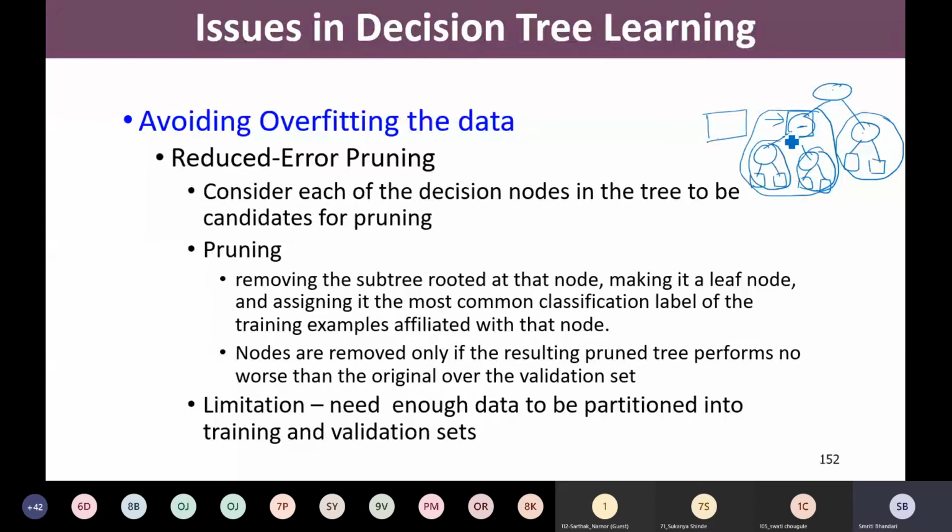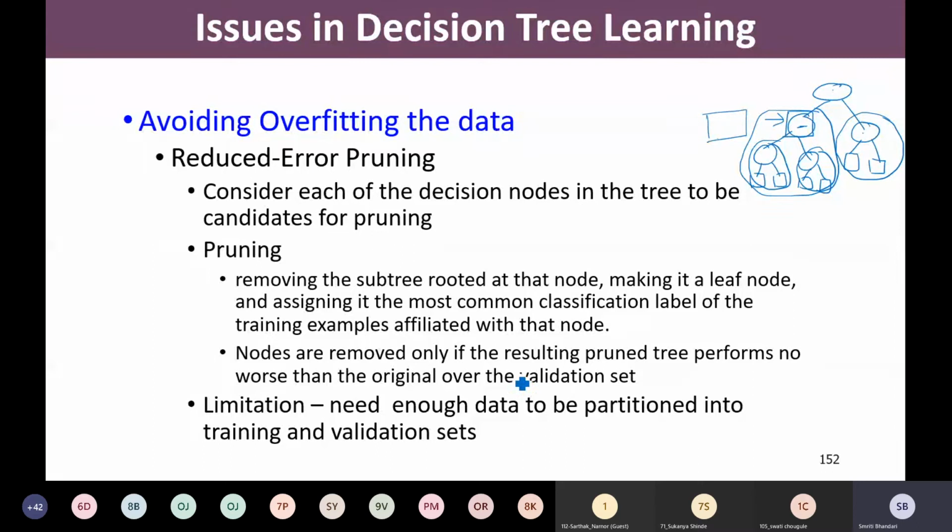If we want to go with such a pruning technique, then we should ensure that we have enough data for training and validation sets. If we do not have enough samples or examples in our data set, then it is not possible for us to apply such a pruning technique. So the limitation of this pruning technique is that we should have enough data that can be partitioned into a training set and a validation set.